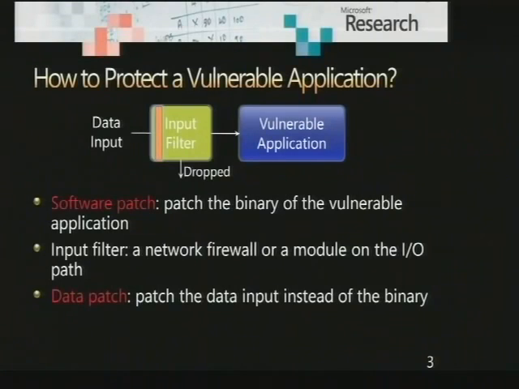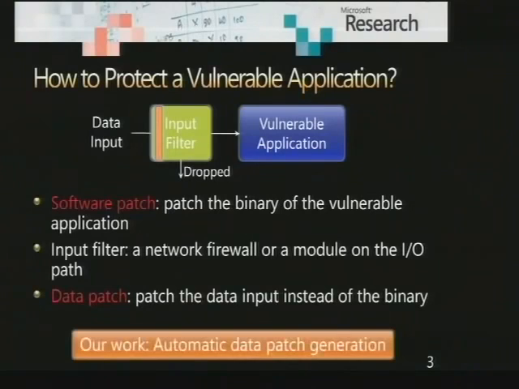The advantage of a data patch compared with a software patch is that a software patch is hard to roll back and time consuming to do. For a data patch, we can roll out a quick patch. If things change or don't work very well, we can easily take it away because it's just a filter. So our work is focused on automatic data patch generation.